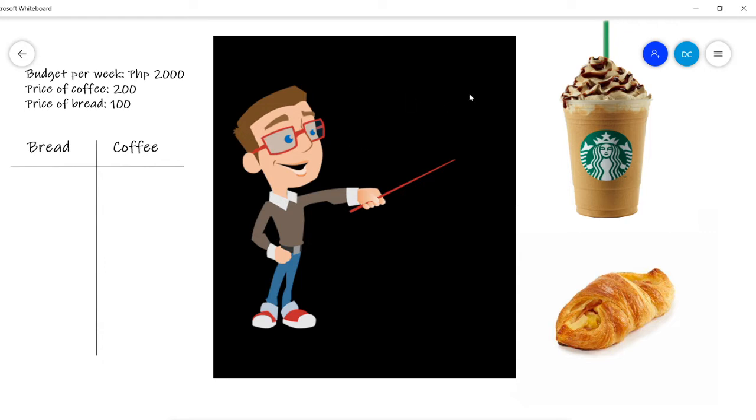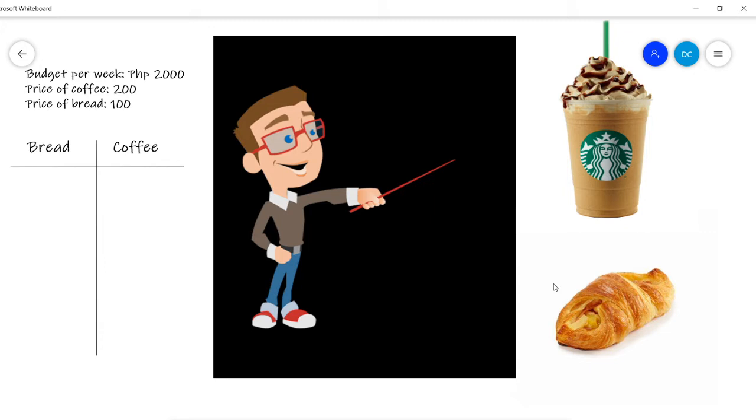And the price of the espresso frappuccino here is 200 pesos, and this ham and cheese Danish, 100 pesos yung presyo niya. This is not accurate kasi based on yung huli kong kain at inom ng coffee sa Starbucks, 170 pesos ang espresso frappuccino and 90 pesos yung ham and cheese Danish. So yun yung nilagay kong presyo kasi yan yung madaling computein mamaya.